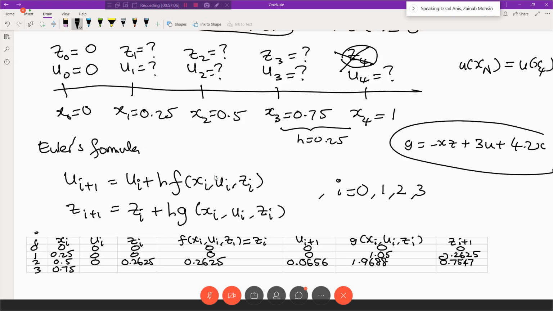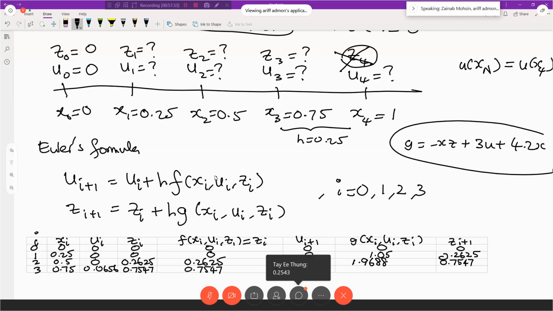Okay, so this is 0.0656, this is 0.7547, and it should be similar. So what is the value for your u4 here? 0.2543.